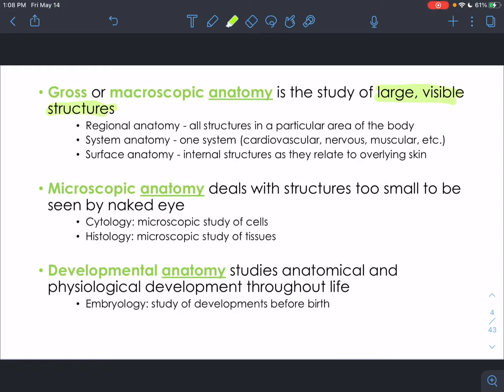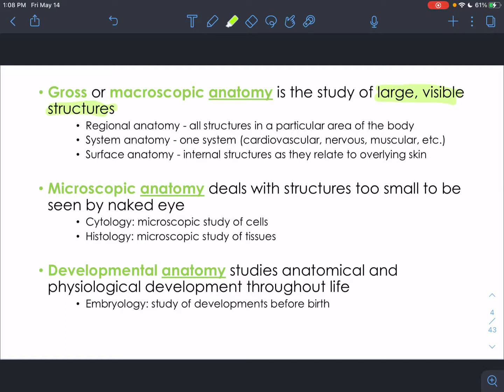So if we're learning the names of all the muscles or the names of the bones, obviously in the living human you can't see their bones unless you do an x-ray or something like that. But gross or macroscopic anatomy is studying the big picture items, what we can see, naming different parts of the brain, bones, regions of the skin, and so on and so forth.